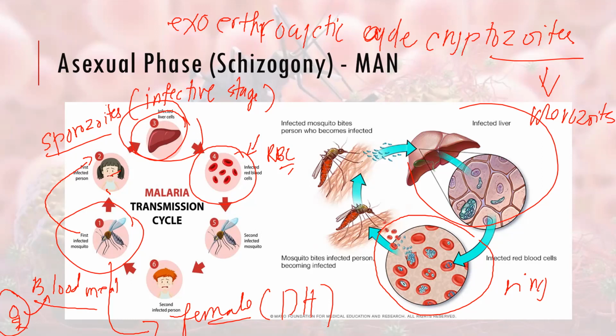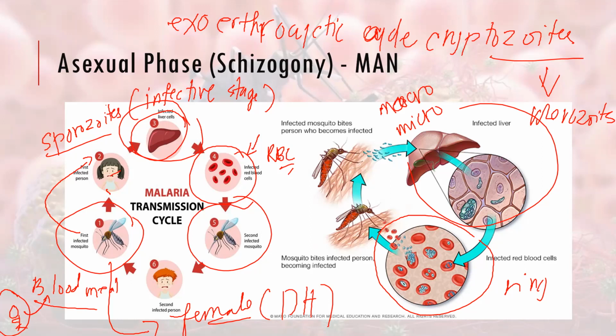The merozoites will develop into gametes, such as the macrogametocytes and the microgametocytes, that will be ingested by the mosquito.